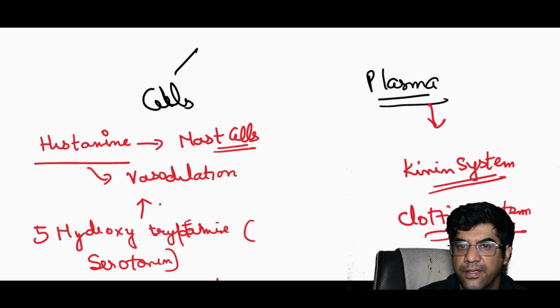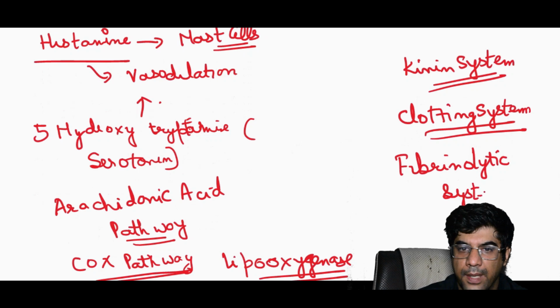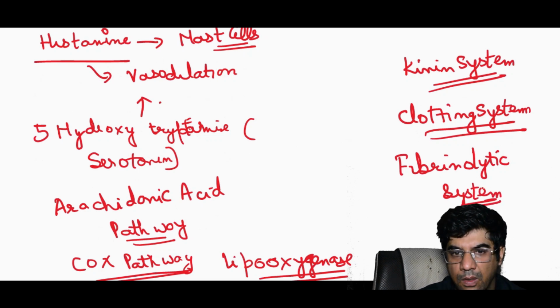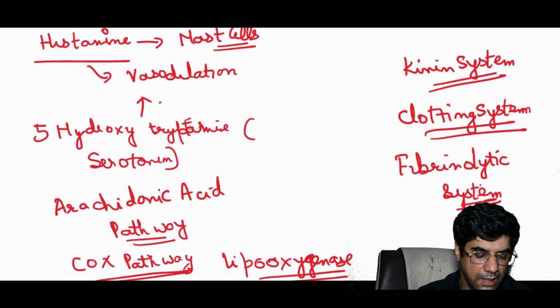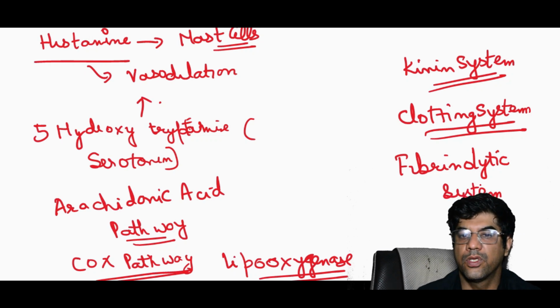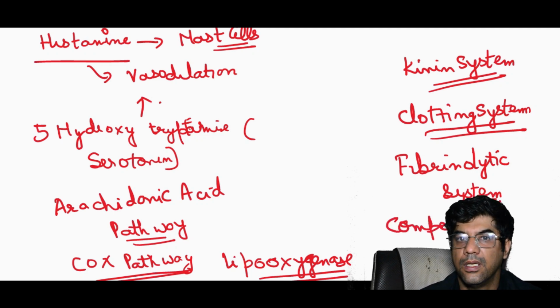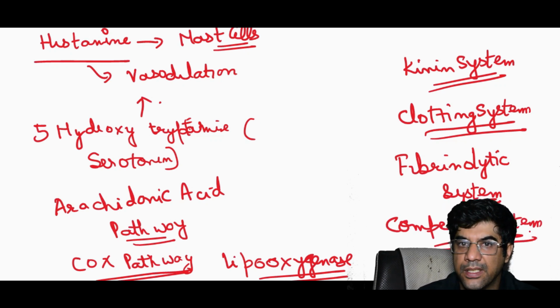The third is the fibrinolytic system that produces plasmin which breaks down the fibrin clots and promotes the inflammation. The fourth could be complement system that produces the complement proteins that enhance the inflammation by increasing the vascular permeability or chemotaxis.